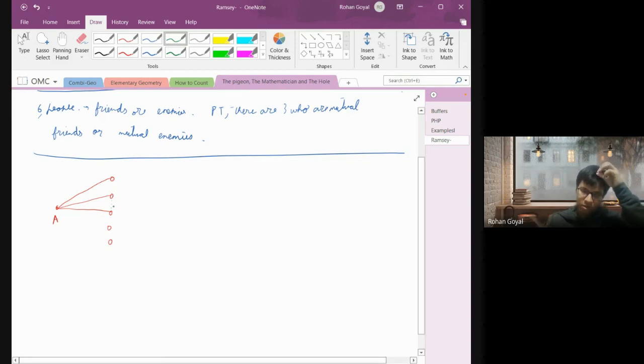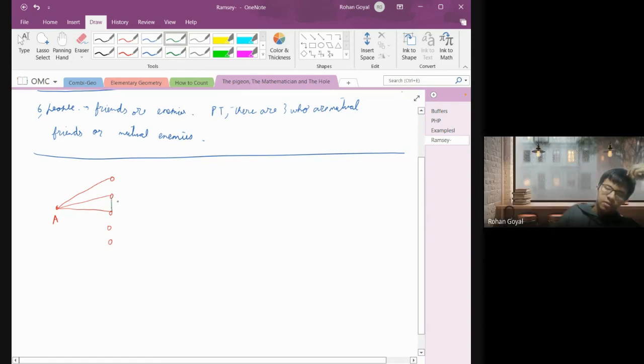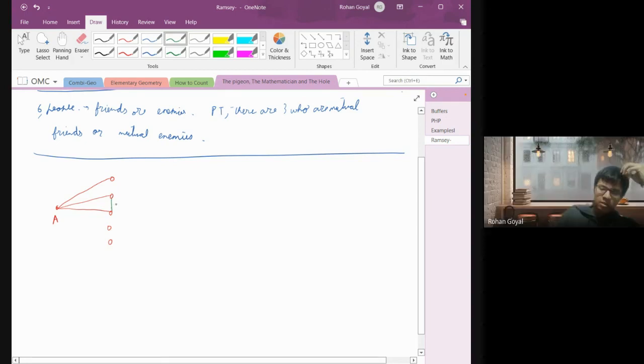What are you trying to argue? So basically, suppose A is friends with the first 3 people. Then among those 3 people, there'll be 2 people who are friends with each other. Why? Pigeonhole principle, right? Oh wait, they can also be enemies.